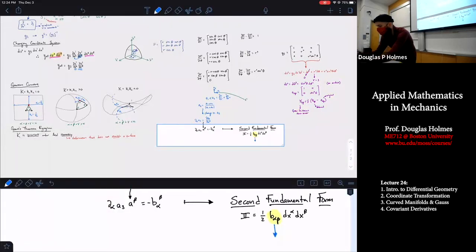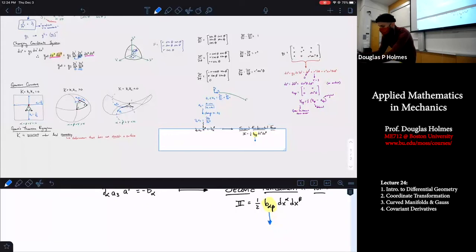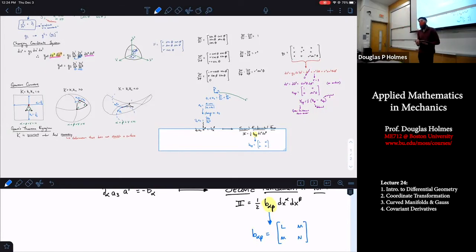And what are the components of this tensor? Well, I'm going to write it out, and then I'll tell you what it is in a second. It's usually written like this, which when I first saw this, I was like, well, that doesn't help me at all. But let me show you what you should think about this. You should think about this as essentially a Hessian, a matrix of second order derivatives. So why second order derivatives?